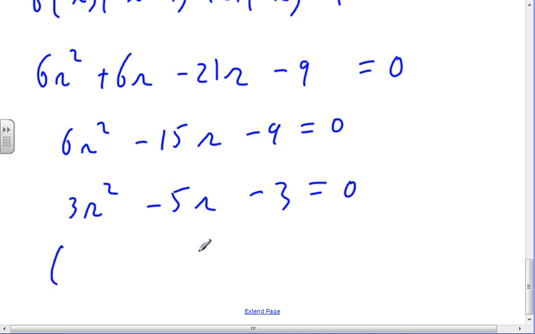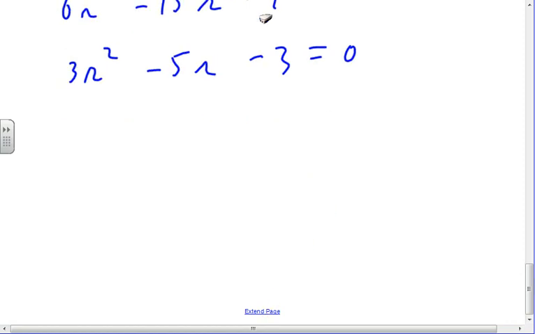Can I factor that? 3r, r. I don't see it factoring. Do you see it factoring? Oh, it's too late in the day to see it factoring, I suppose.